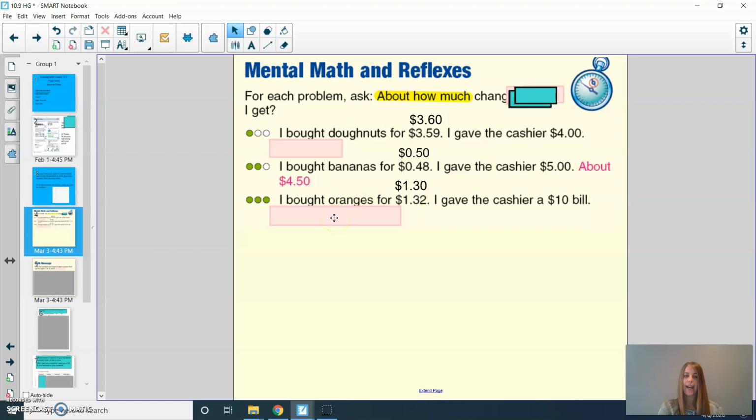So if I had 30 cents and I added 70 more cents, I would get up to $2, and then $8 more would get me to $10. So I'd have the answer $8.70. Also, if you rounded to the nearest dollar, you rounded this to $1 and you said $9 to get to $10, that could be correct as well.